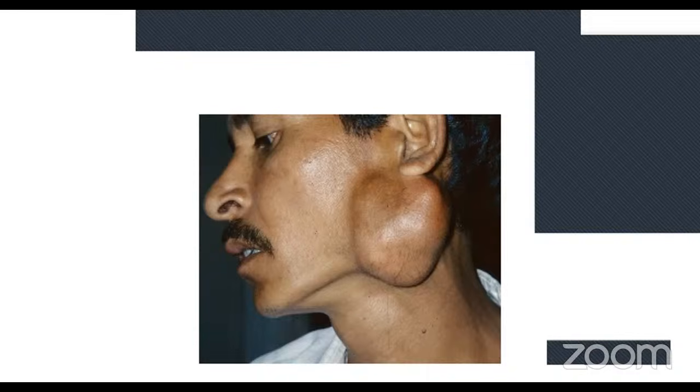Why I'm telling all these: we usually tend to state directly the pathological diagnosis. We don't know. Pathological diagnosis we can confirm only after biopsy. So as far as possible, try to say the anatomical and etiological diagnosis. We know these diagnoses, but still try to be more humble and submissive and say, it looks like it's originating from the parotid, so it's a parotid tumor.